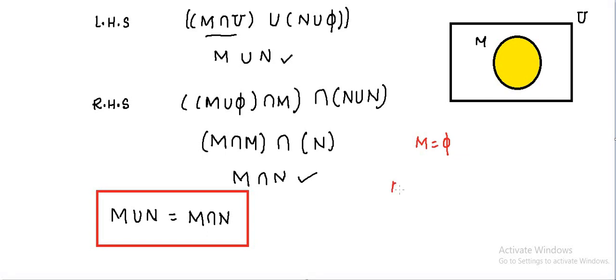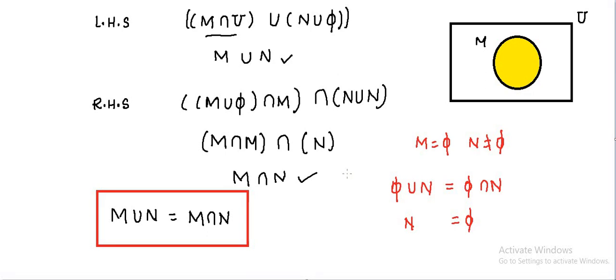This is going to be phi union N, which is equal to phi intersection N. If you remember the assumption, I said that I have considered M is equal to phi, but I have considered my N is equal to 5. So phi union N is going to be N, that is 5, and phi intersection with N is going to be phi. So whatever assumption we have taken is wrong. Hence we can say that M or N cannot be empty.